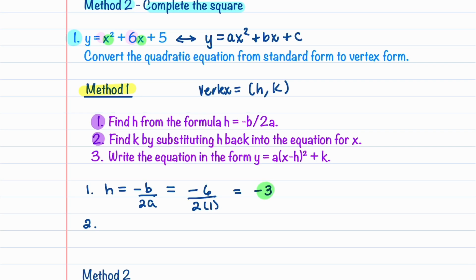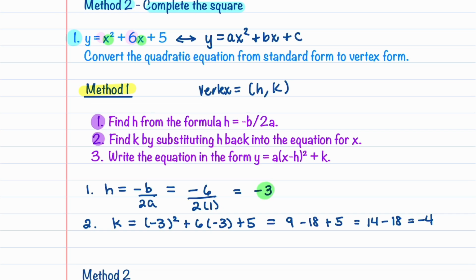Our k is going to be minus 3 quantity squared plus 6 times minus 3 plus 5. Let's now multiply that out. We have a 9 minus 18 plus 5. That's equal to 14 minus 18, which is minus 4. So that's our k.